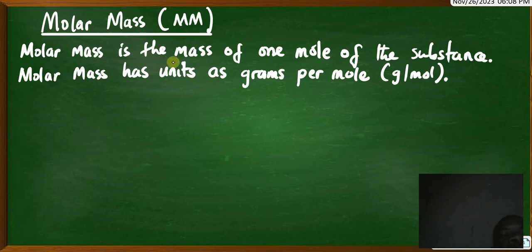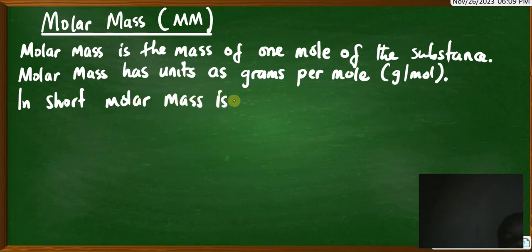So molar mass is the mass of one mole of a substance. Then molar mass has units as grams per mole. What it means is this: molar mass is the mass that you have when you have one mole. In short, molar mass is the mass of one mole.